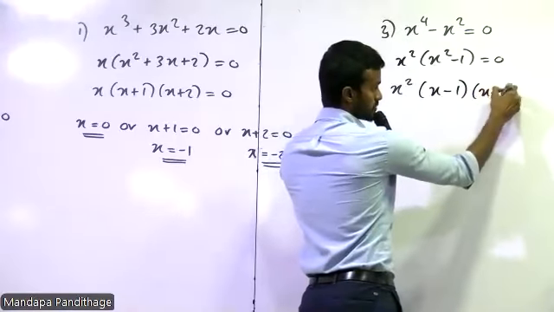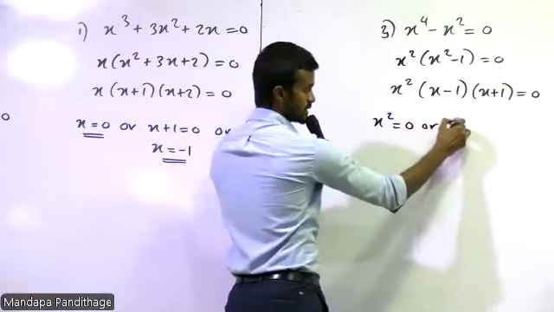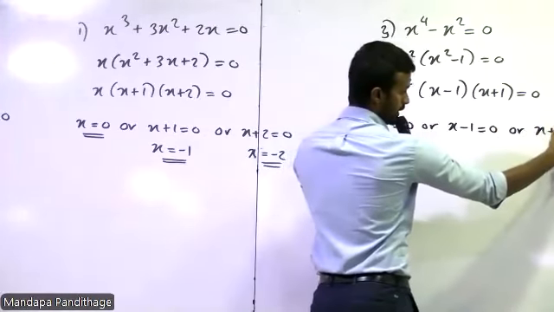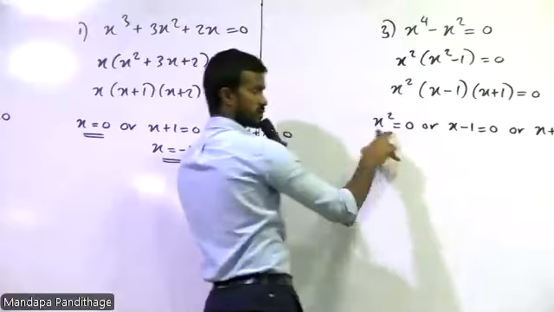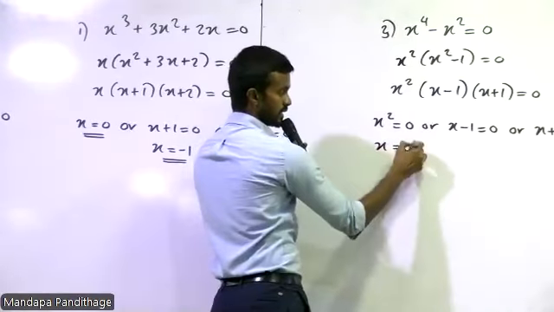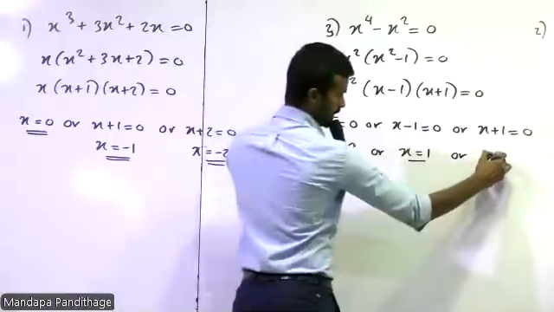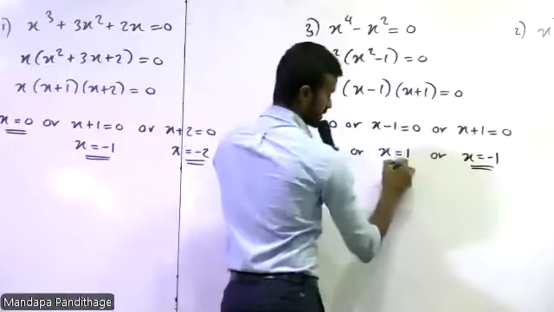When the product is equal to 0, each term can be considered equal to 0. So x squared equals 0 gives x equals 0, then x equals 1, or x equals minus 1. So that one is clear.